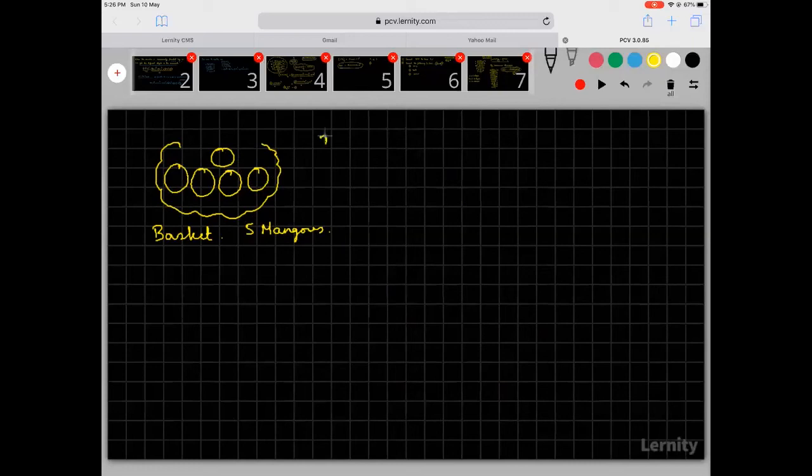In how many ways can I pick some fruit, some mangoes, from this basket?